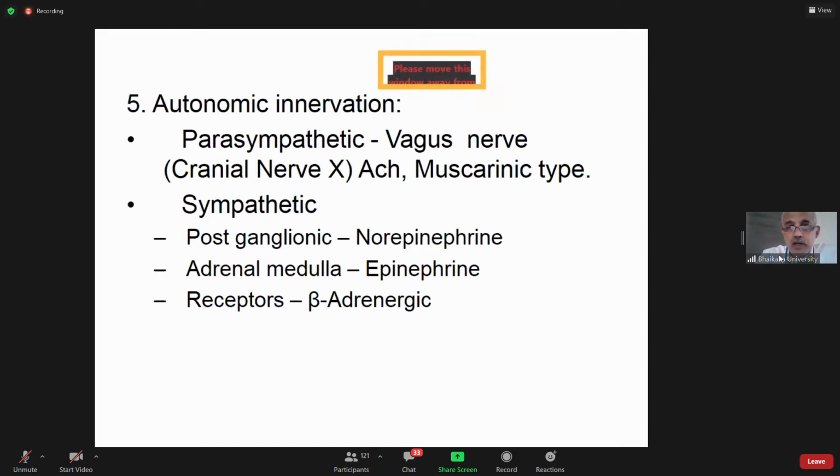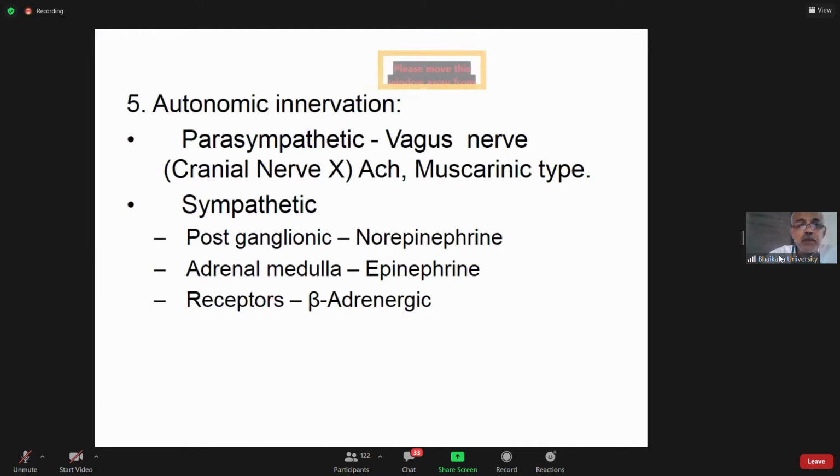In case of heart, parasympathetic is inhibitory. Just remember this fact. Vagus nerve, muscarinic type of receptors, acetylcholine is the neurotransmitter involved. Sympathetic system is excitatory. Norepinephrine and epinephrine are the neurotransmitters.